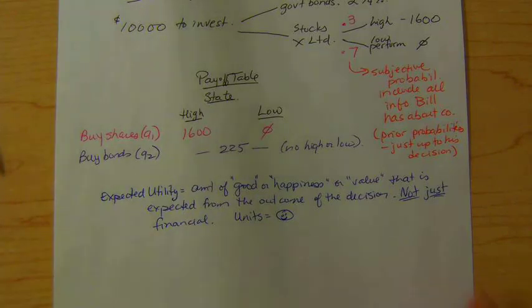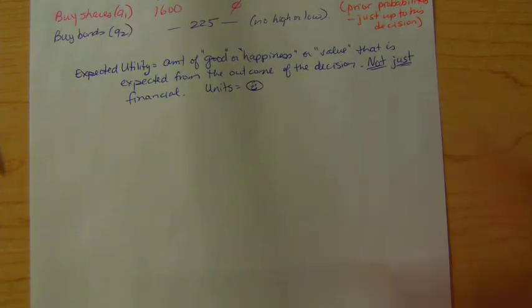Okay, now, why can't we have utility in dollars? Wouldn't that make it easier? Well, does utility just encompass the actual dollars? Like a job, you get paid X dollars, that's how happy you are?